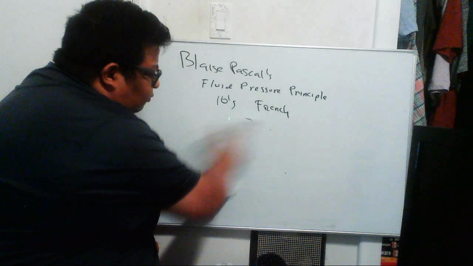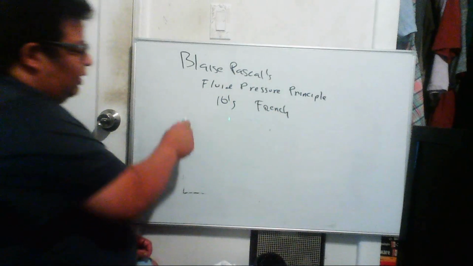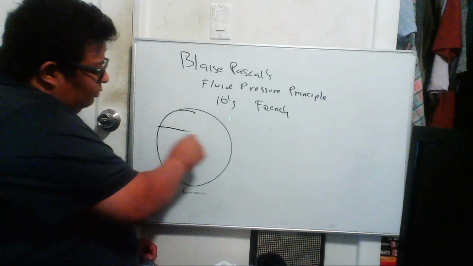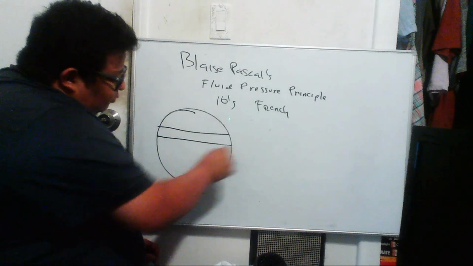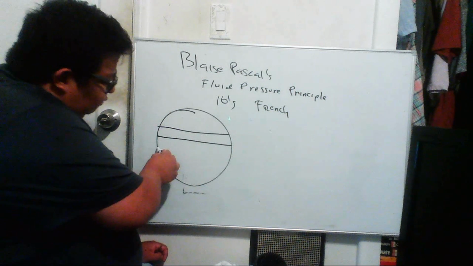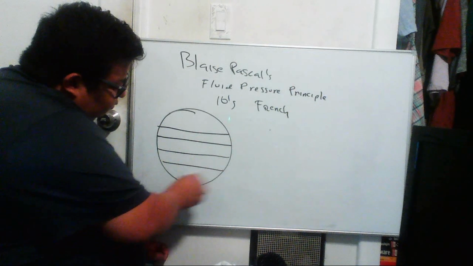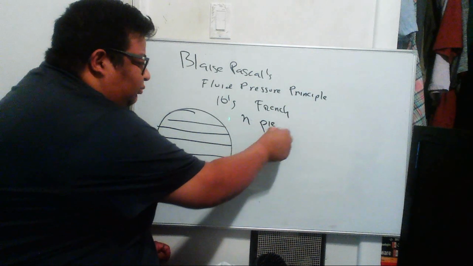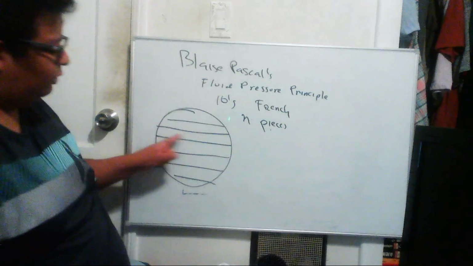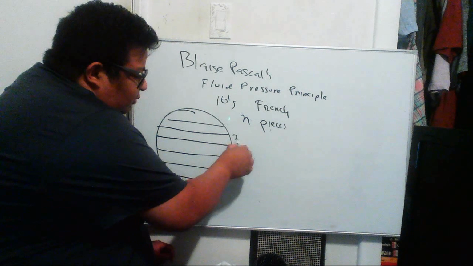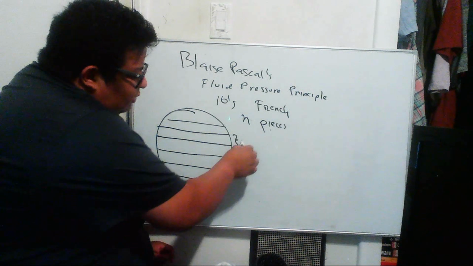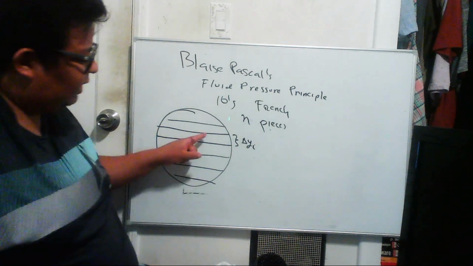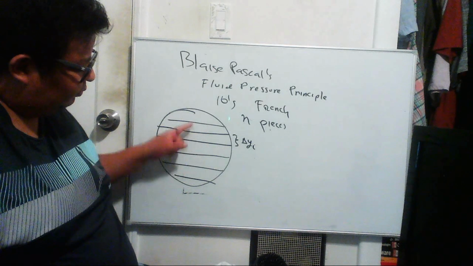So let's say we had a region, and then we cut it into n rectangular pieces. So then this one here, the height is delta y, and then we call it i because it's the ith rectangle.